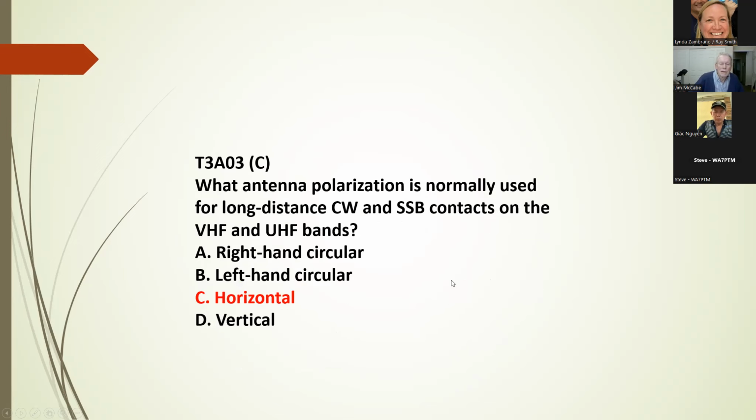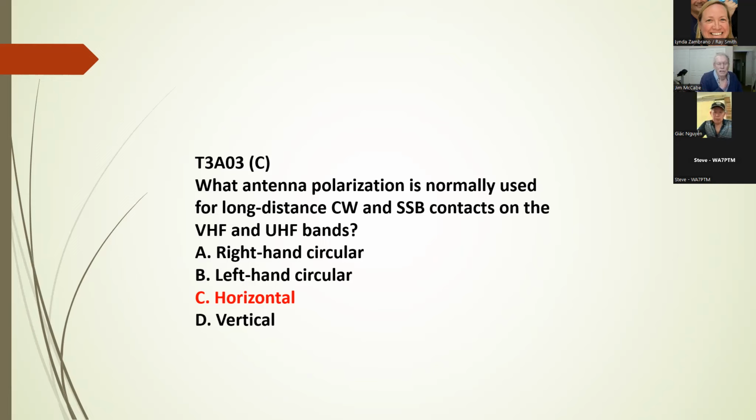And what antenna polarization is normally used with long distance CW and SSB contacts? Now, as I talked about earlier, it depends on your definition of long, but CW and single sideband are typically HF, high frequency contacts, but we're talking about UHF and VHF here.